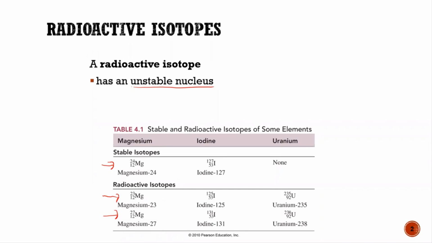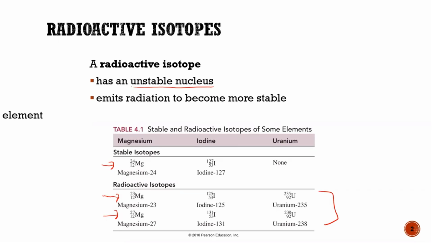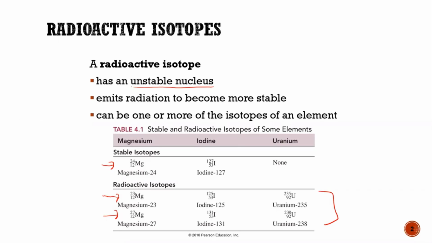It doesn't shoot out radioactivity, but these all do, okay? Some emit radiation to stabilize. A radioactive isotope is just one that's unstable, that's going to emit some form of radiation, some particle from the nucleus to stabilize.